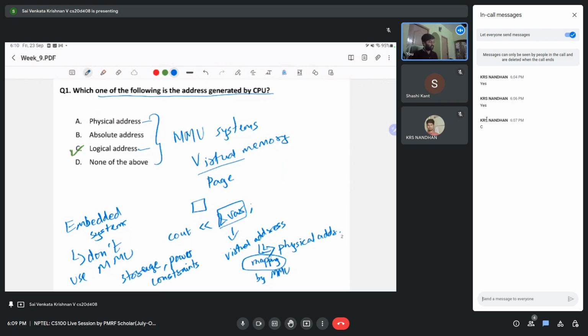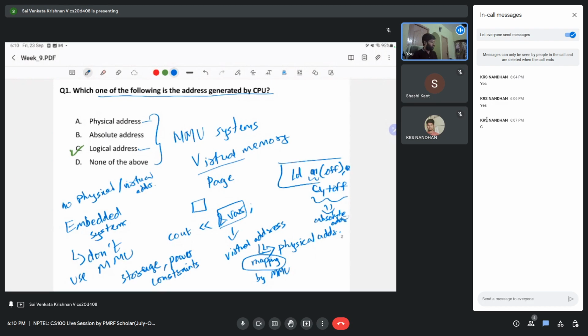So in those systems where the MMU is not being used, there is no concept of physical or virtual address. It's just the absolute address. For example, take an instruction like load A1, some offset value, comma, into some other register. It will add the value present in the A1 register plus this offset value, and that gives rise to the absolute address.